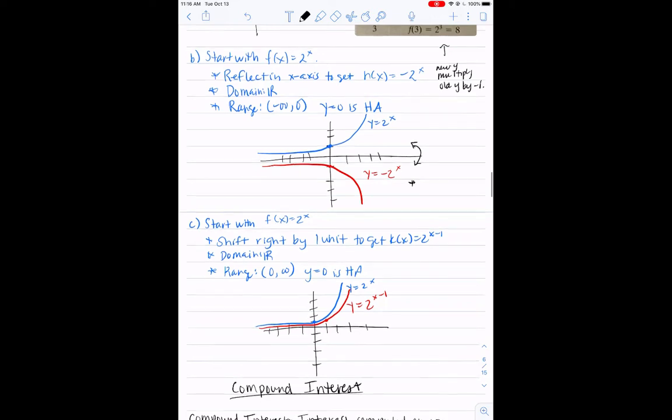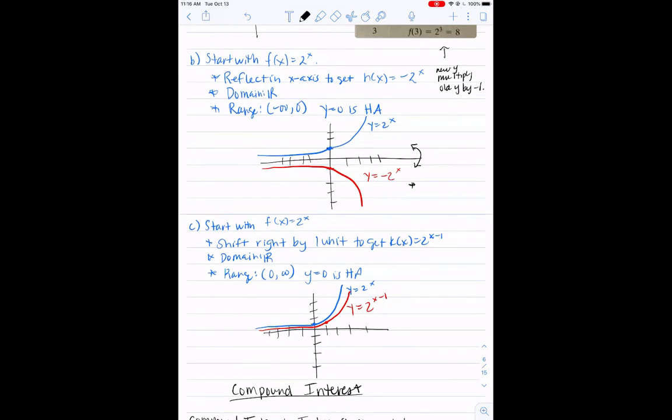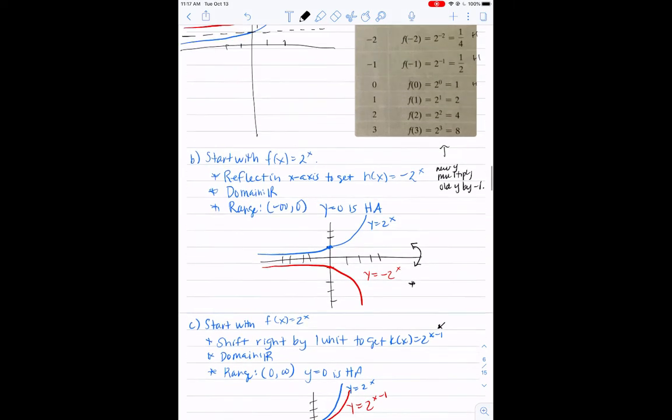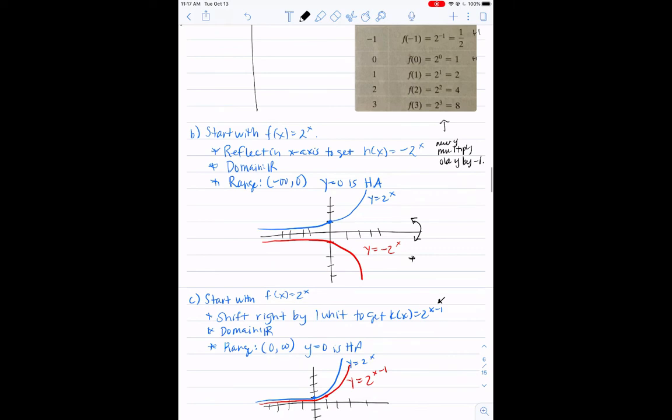Okay, then part C, we're going to start with f of x equals 2 to the x. We're going to shift right by 1 unit to get k of x equals 2 to the x minus 1. So this part is telling us to shift right. So basically, we're going to take our old x and add 1 to each value. And then we're going to keep old y values.